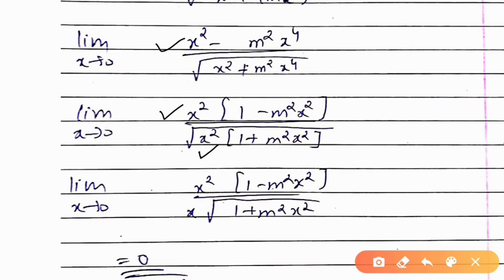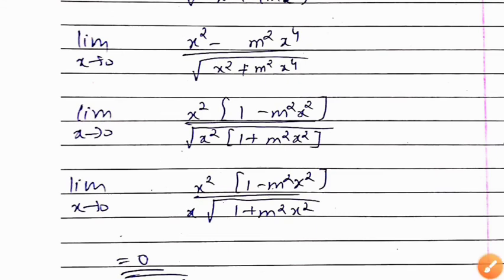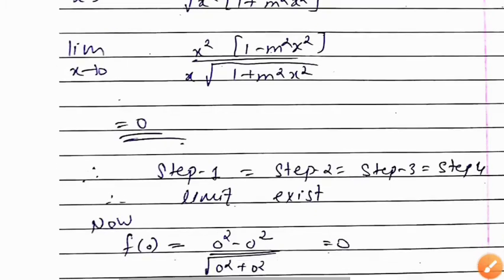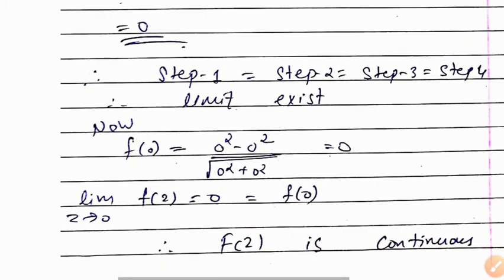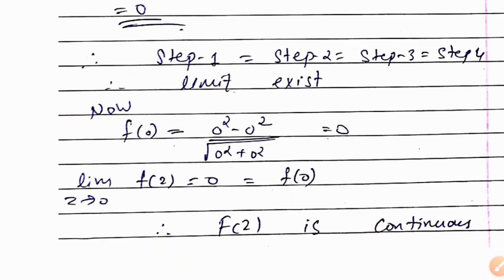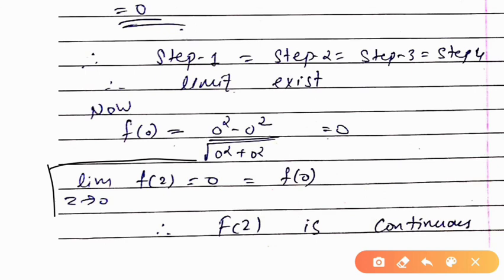This x square will come out here, so you will get this term. x will get cancelled, and on putting x equal to 0, you get your limit as 0. So you can say that step 1 equal to step 2 equal to step 3 equal to step 4. So the limit of the function is 0.